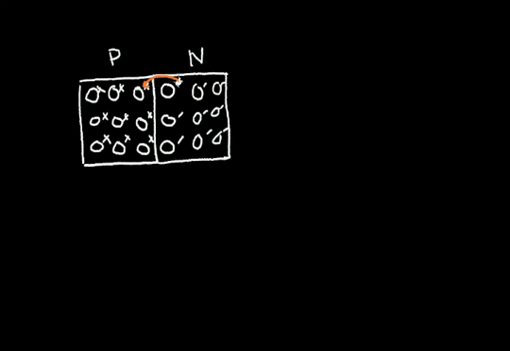And when that happens, that electron fills a void in this atom on the left side, in the p-type material. And so it gets locked in to the structure, and it's not free to move around anymore. So I will erase this electron.